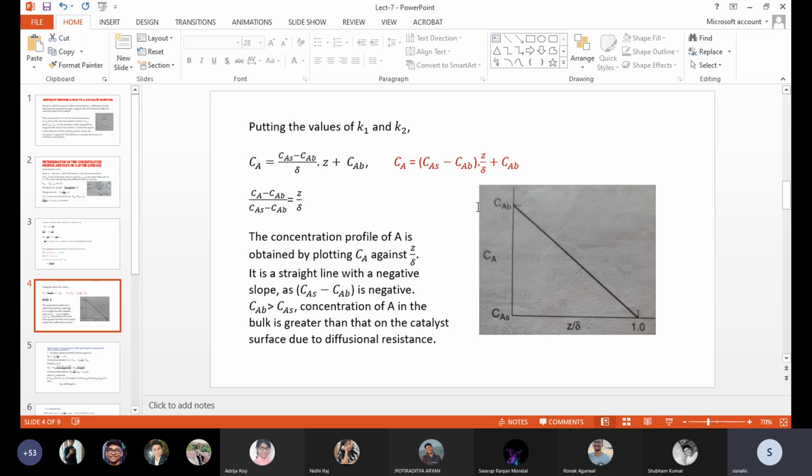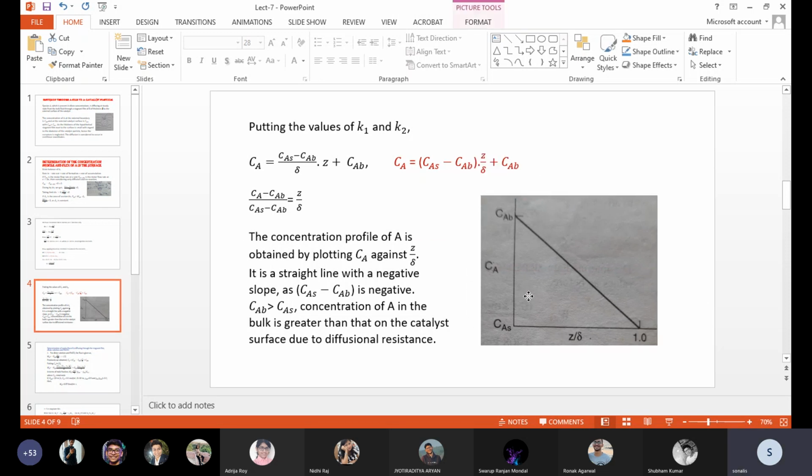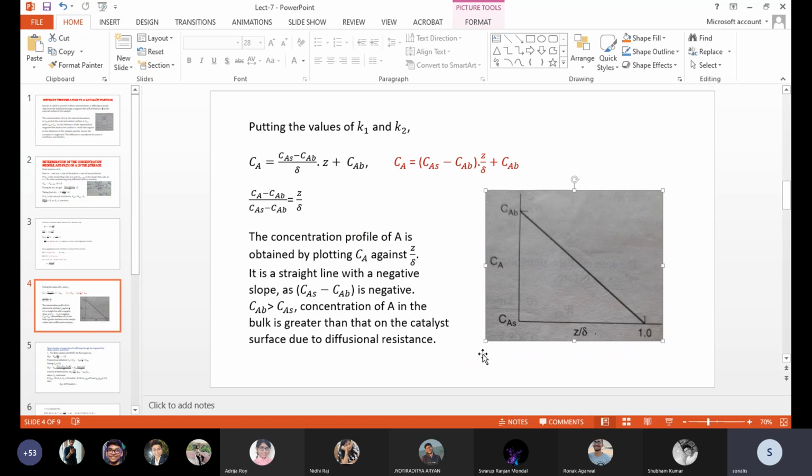Now this is the concentration profile of A, plotting CA against z by delta. It is a straight line with a negative slope. Why? Because CAb is always greater than CAs. So if we plot, CAb is the highest, the bulk concentration, and as the diffusion progresses, the concentration continuously decreases.